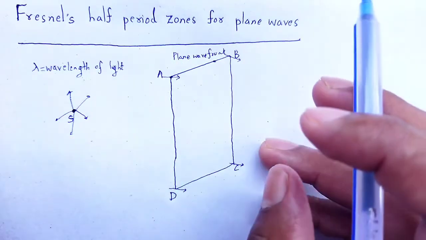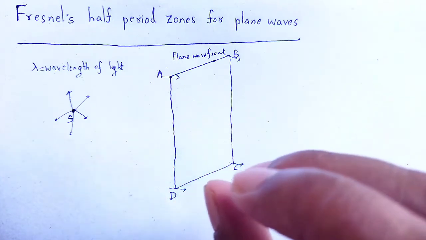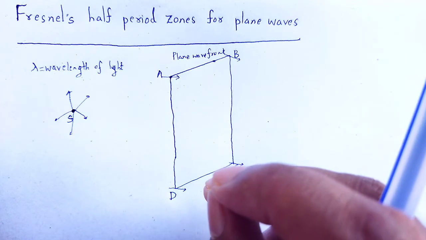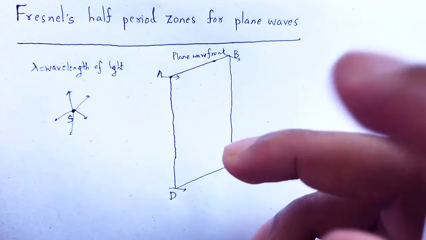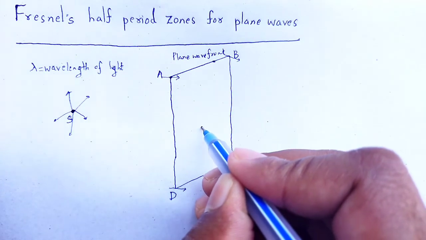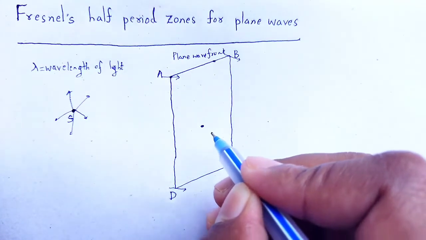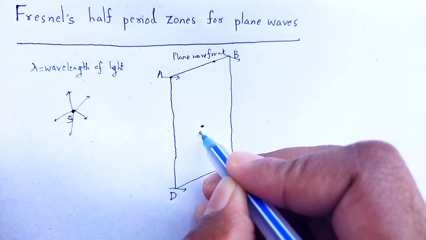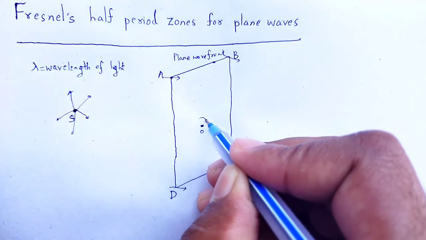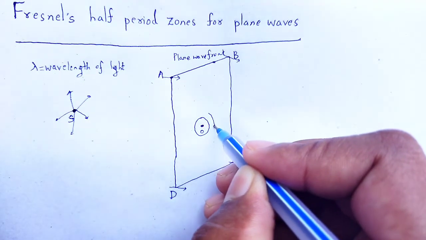According to Fresnel, that wavefront is divided into a large number of strips, which are known as Fresnel's strips or zones. Taking a point O, there are a large number of strips.